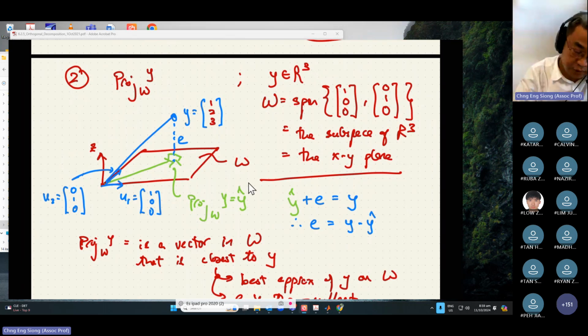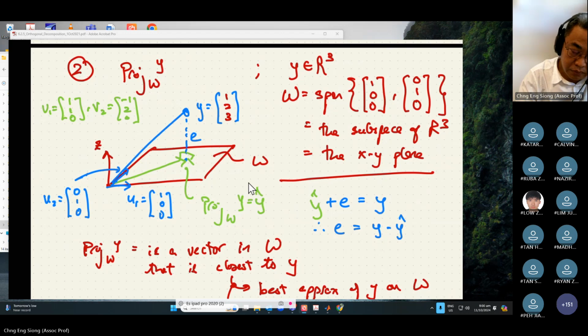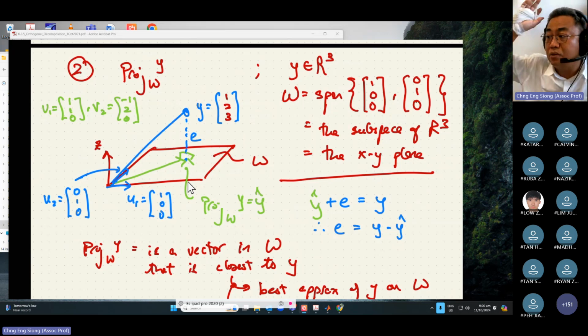Let's try B1 equals 1, 1, 0, B2 equals minus 1, 2, 0. Can I use V1 and V2 to span W? Yes? No? Quiz question, guys?